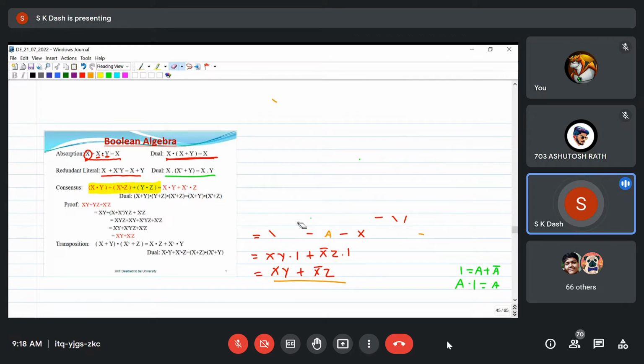Can you prove this? Try to prove this one. It will only take one or two steps.